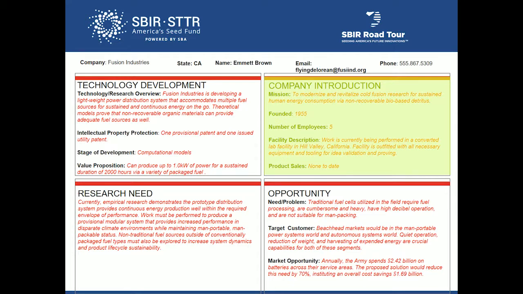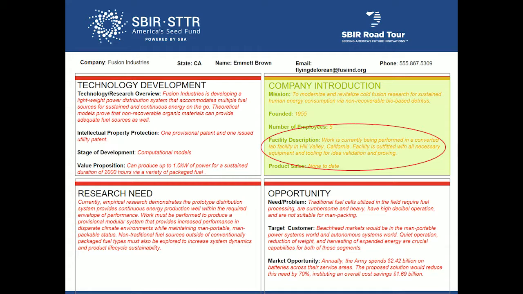One of the other key pieces of information here is the facility description. So in the facility description, you want to talk about your office, your research space, your workspace, whatever that is, the tools, the resources, and the equipment that you have available there.